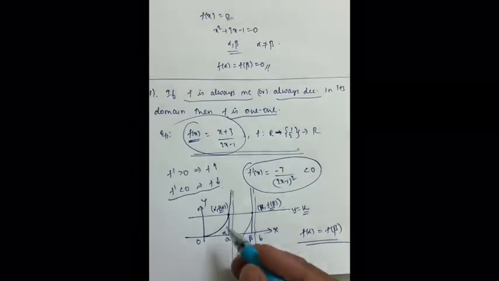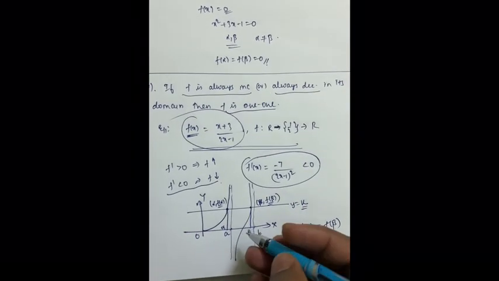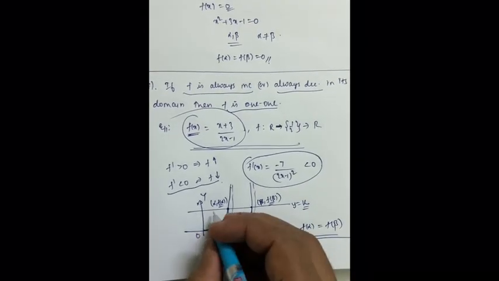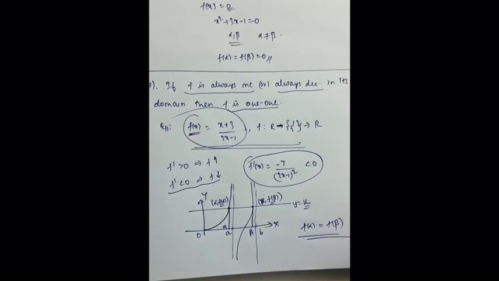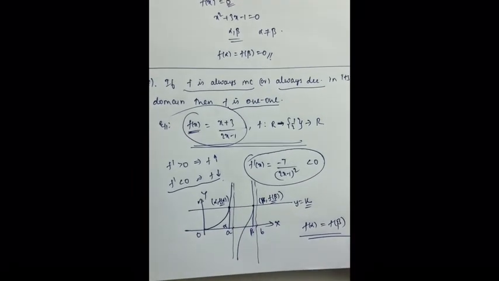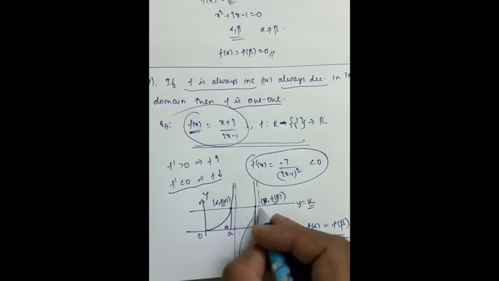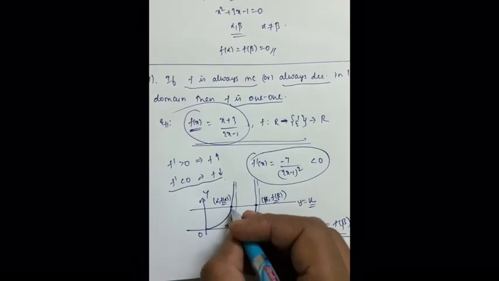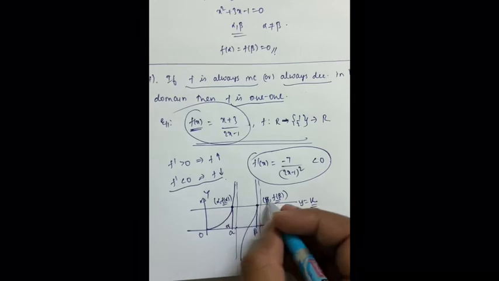Okay. So we call this test the horizontal line test, which means if I draw the graph of f of x and draw a horizontal line, and the horizontal line intersects the graph of f of x at more than one point, then we say the function is not 1-1. You can see the reason why. If the horizontal line intersects at two points, it means at these two x coordinates the y coordinate is the same, right?